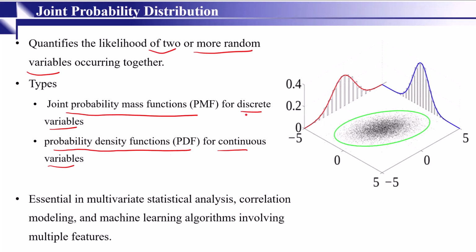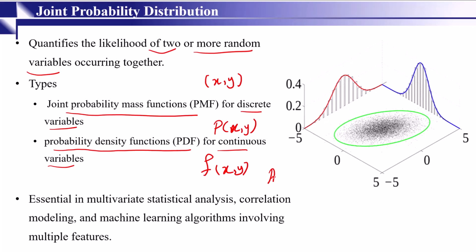In the case of discrete random variables, the joint probability distribution assigns probability to each possible pair of x and y through a joint probability mass function that we write as P(x, y). But in the continuous case, the joint probability is represented by a joint probability density function f(x, y), where the probability of the variables falling within a specific region A is obtained by double integration over that region.